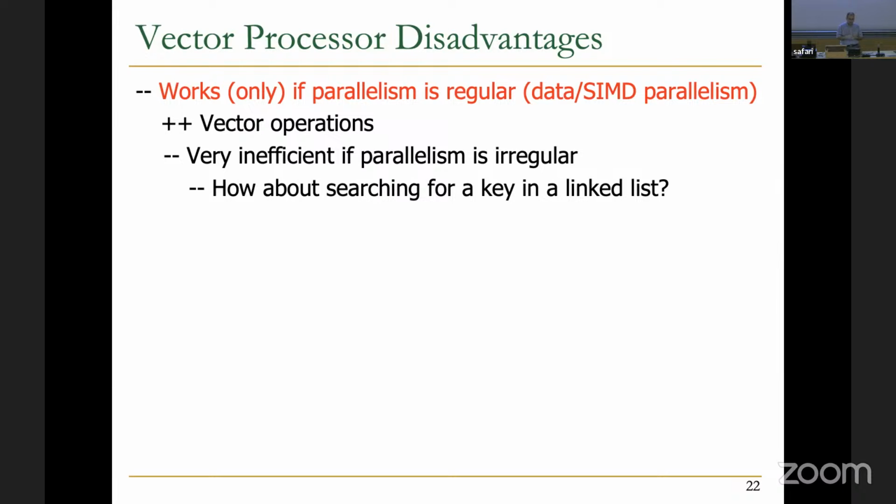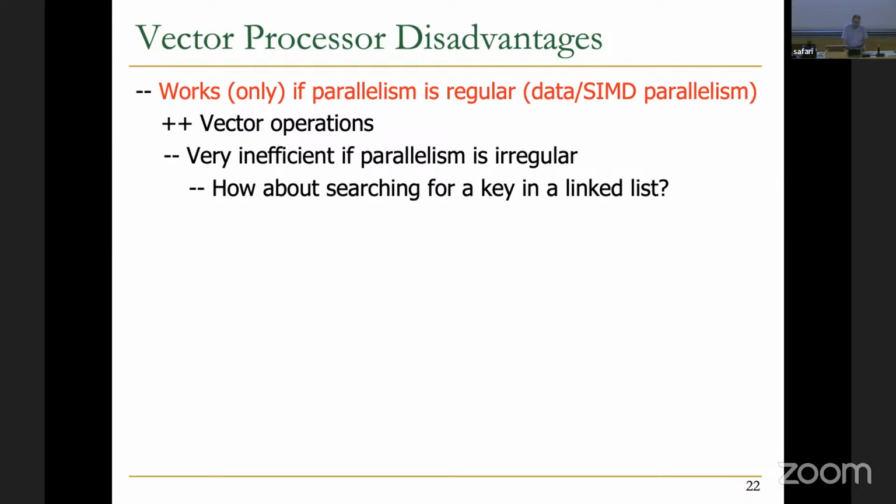It can be irregular. For example, when you want to do pointer chasing, like you have a linked list and you want to search for a key. Essentially, you need to do a lot of pointer chasing, and for that you're going to have a lot of irregular memory accesses. So unfortunately, the performance of vector processors and array processors is bad for such kinds of applications.